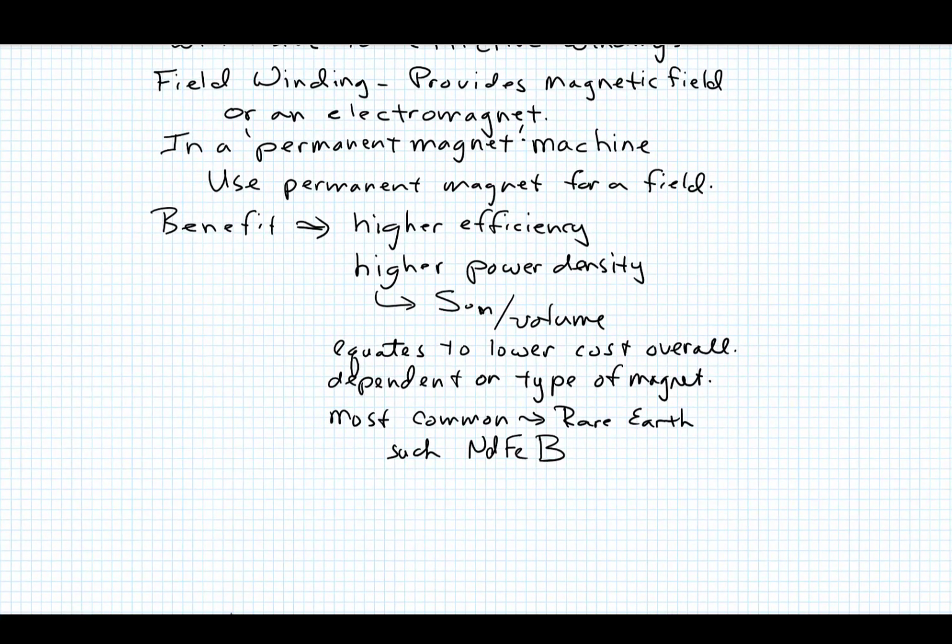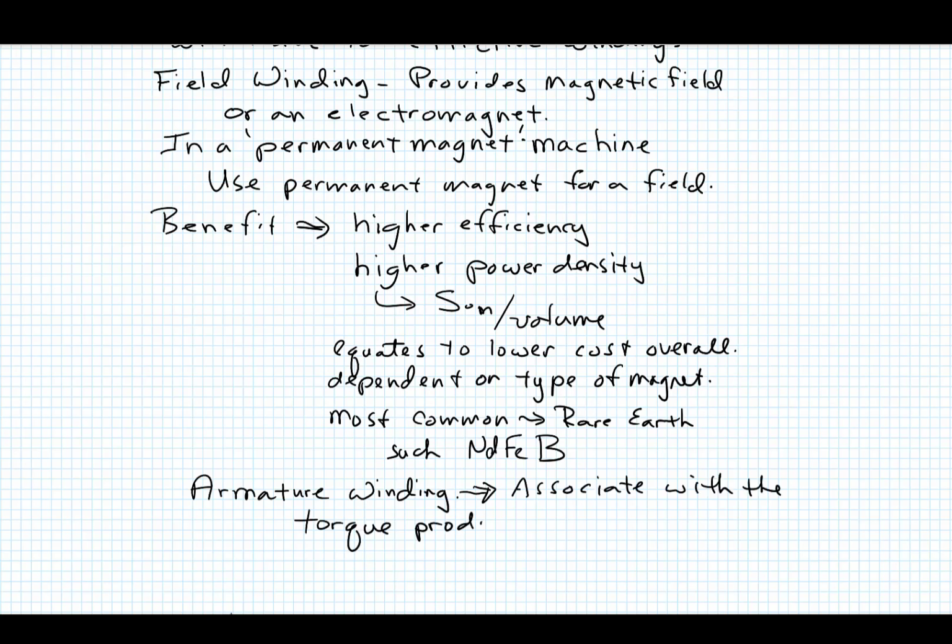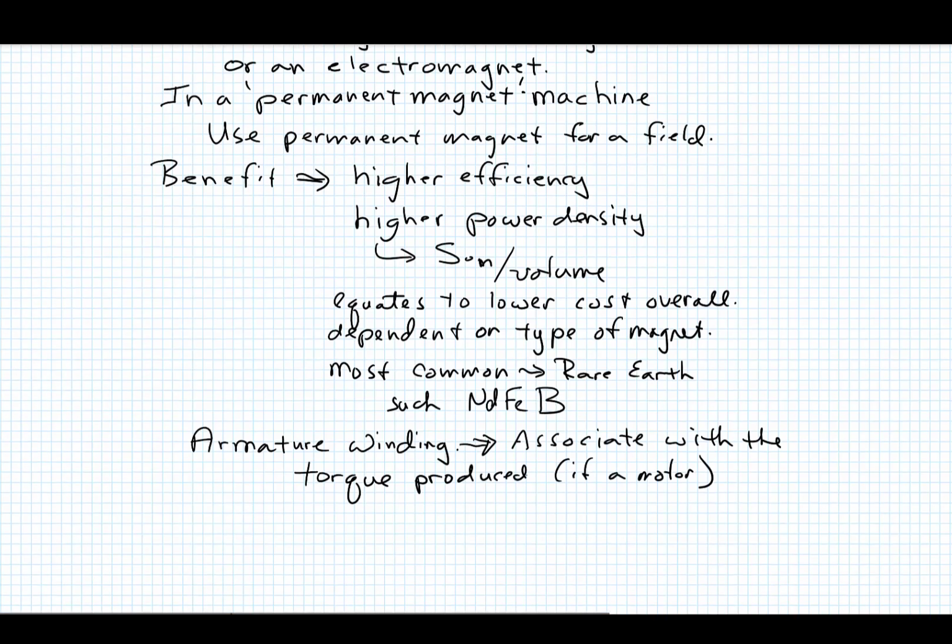So the second type of winding, or effective winding, in most of these machines that we're going to talk about, is called an armature winding. And really, the armature winding is associated with the torque that is produced if it's a motor, or the torque required to achieve a certain power level if it is a generator.